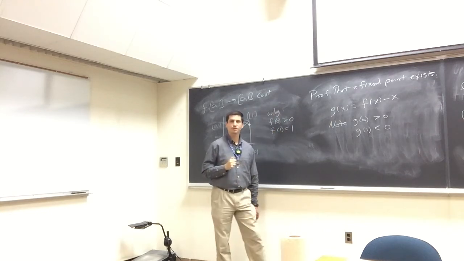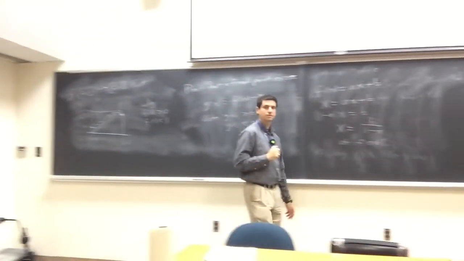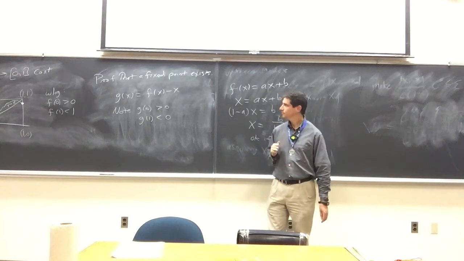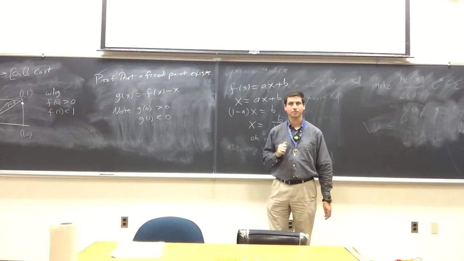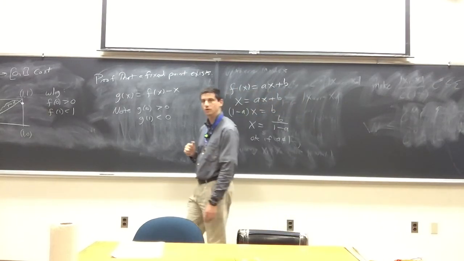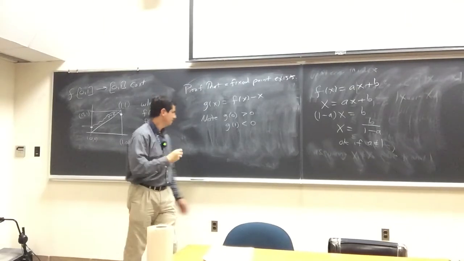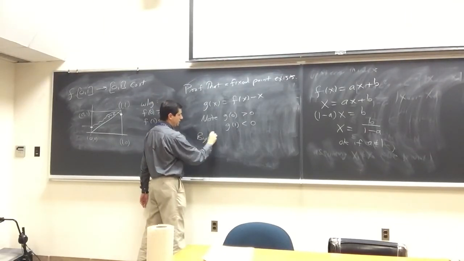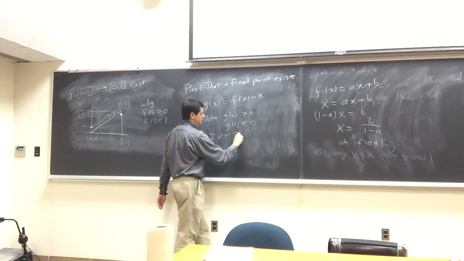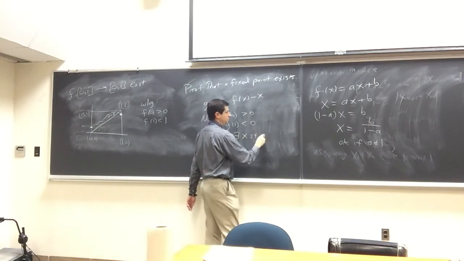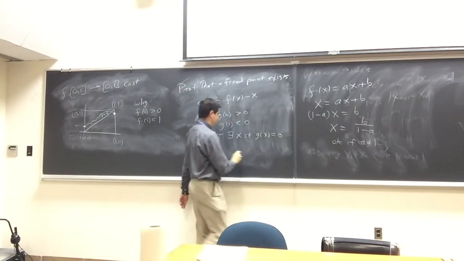So now what theorem do I invoke? Intermediate value theorem. So by intermediate value theorem, there exists an x such that g of x equals 0.